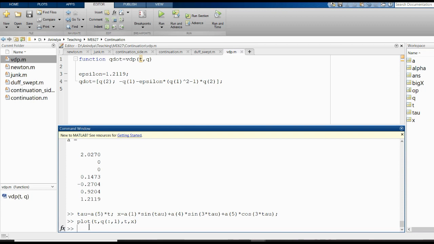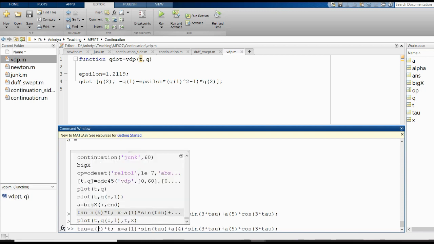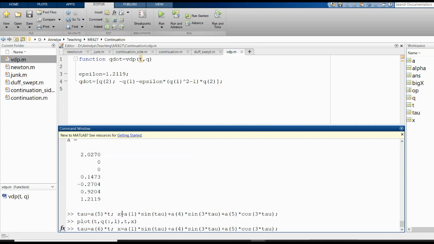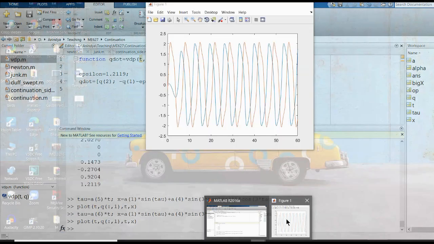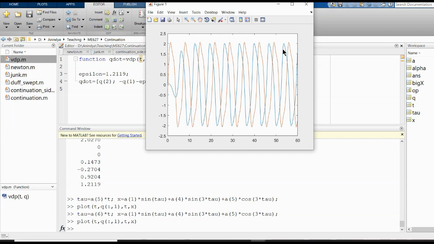It is wrong because this is A6. Okay, all right. So now you see that there is a reasonable match.